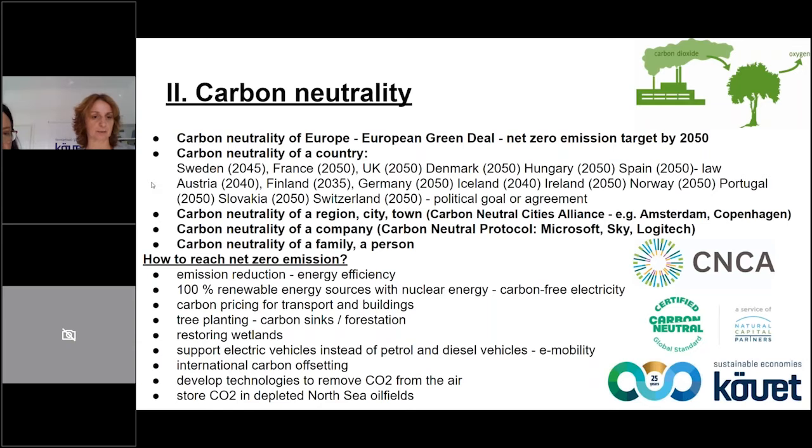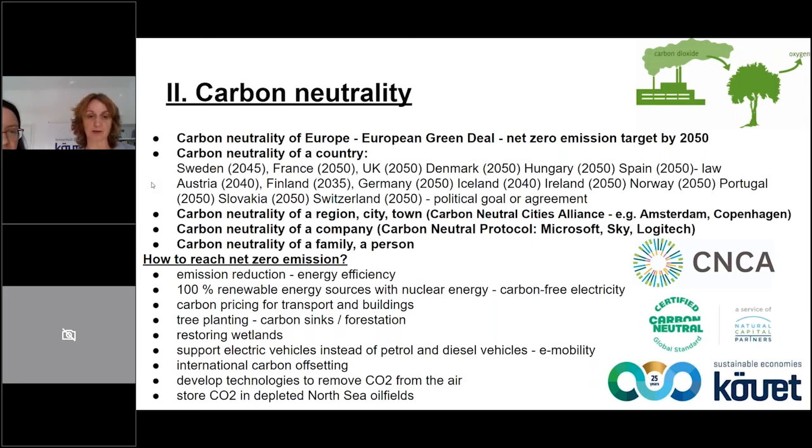International carbon offsetting, what I already mentioned, and develop technologies to remove CO2 from the air. They are very new and innovative technologies, and also technologies for storing this CO2 removed from the air. For example, depleted North Sea oil fields. There are technologies invested for that.